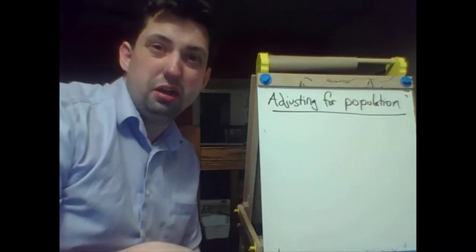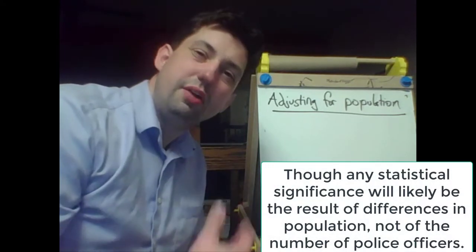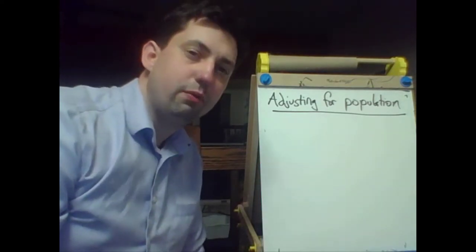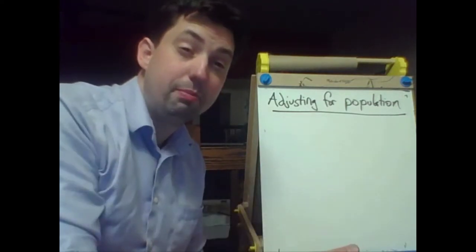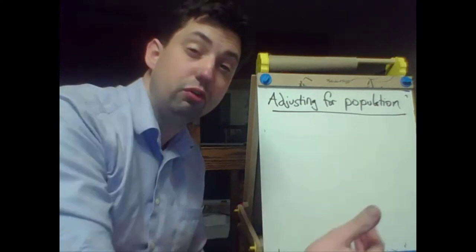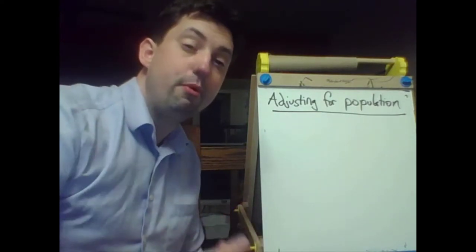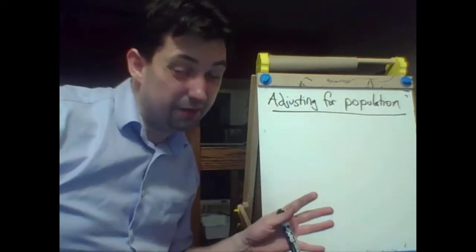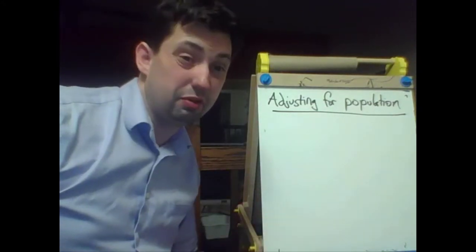On the surface, that's not inherently bad, but a lot of data out there is adjusted for population. And so you cannot, for example, use the total number of police officers to predict the number of murders per 100,000. Those are now completely different variables, and you'll get screwy results.